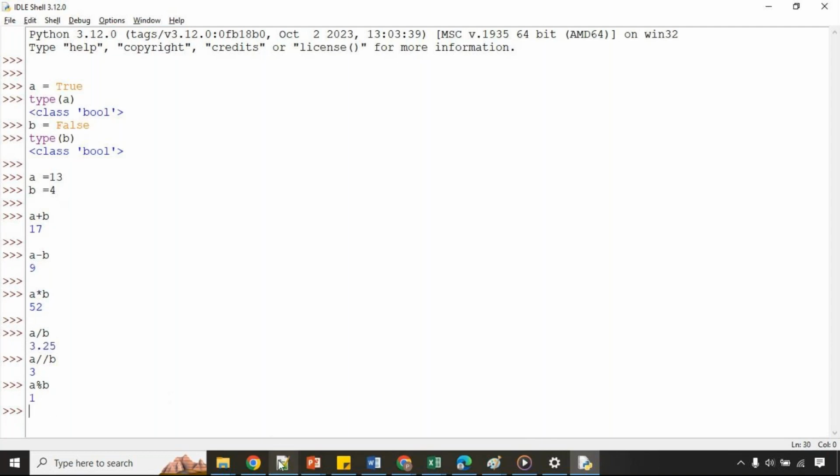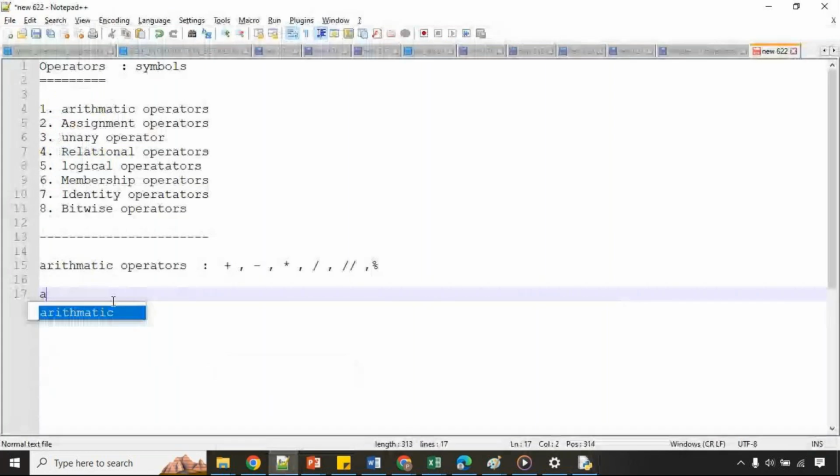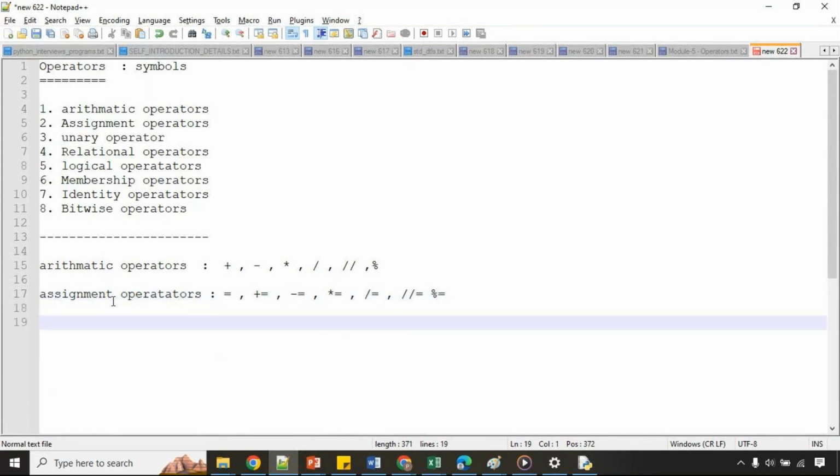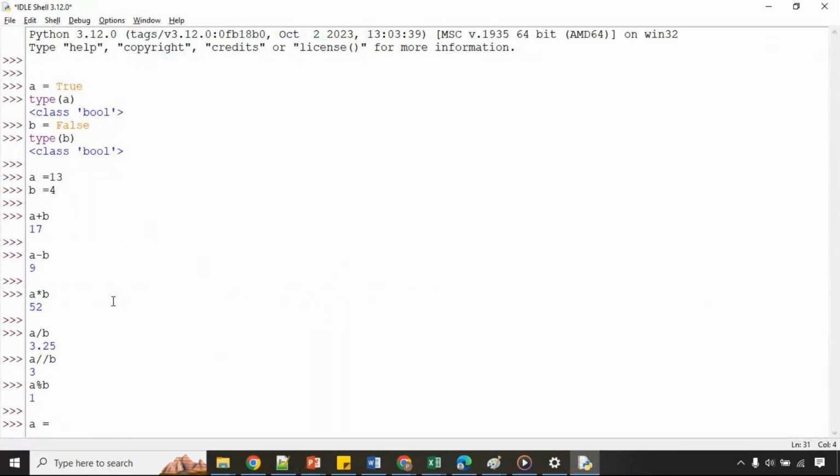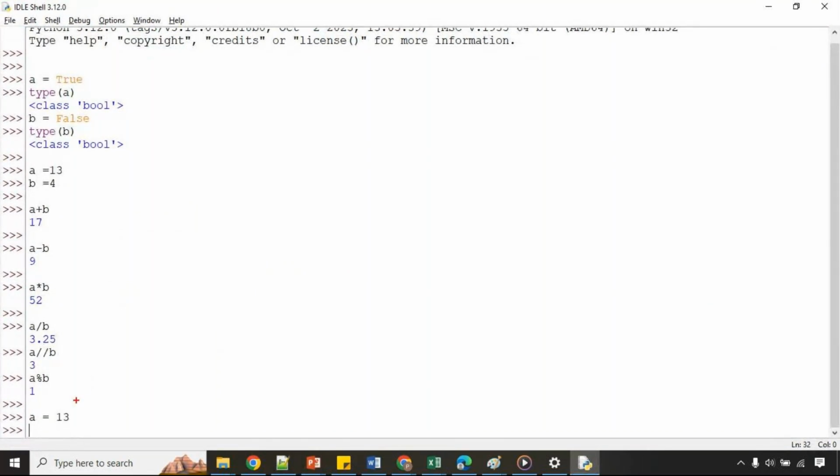Now, next, assignment operators: equal to, plus equal to, minus equal to, multiplication equal to, divided equal to, percentile equal to. What does it mean? Observe here, A equal to 13. Now a value is assigned to the variable using the assignment operator equal to.